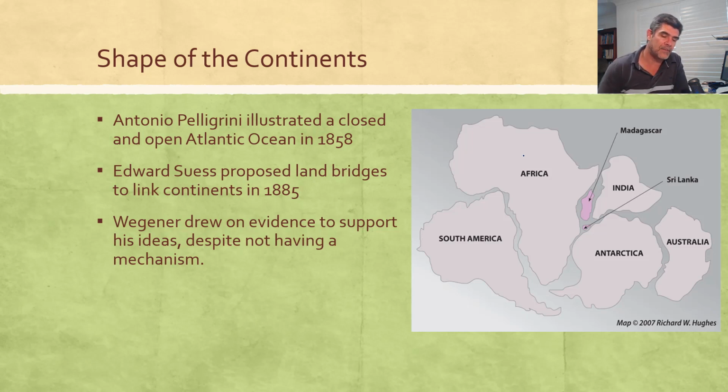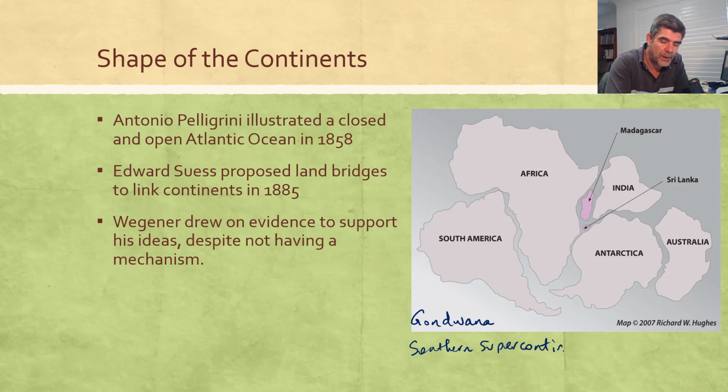So here, for example, is a map of what we now call Gondwana, which was the southern supercontinent.